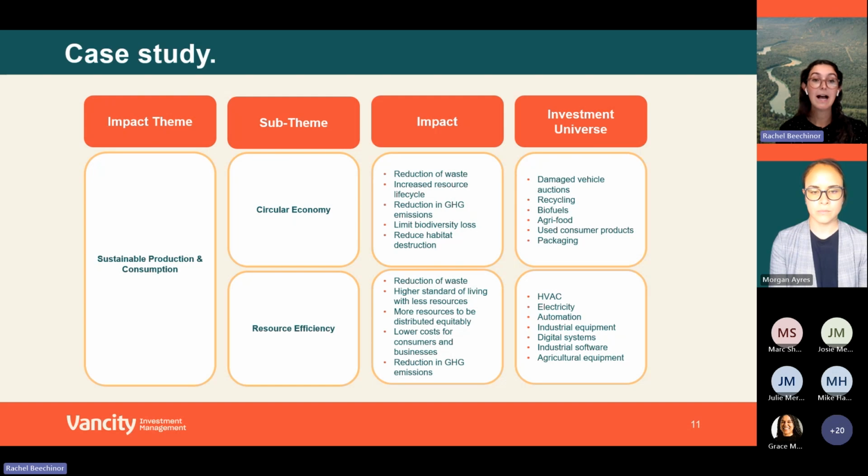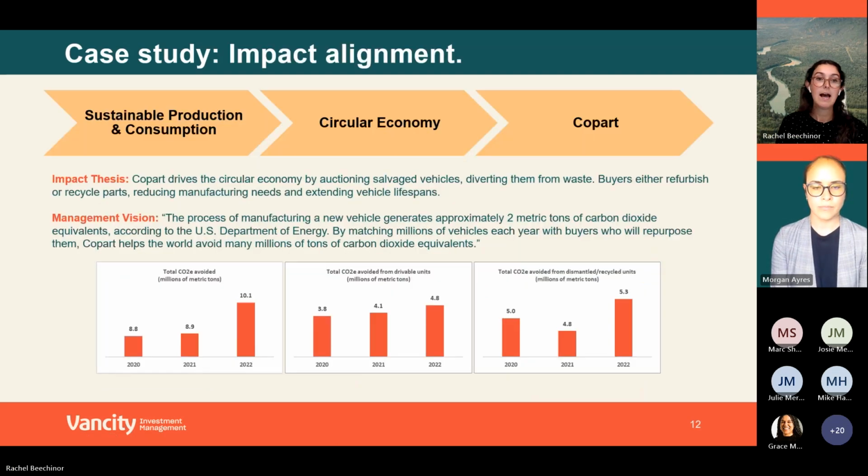So for Copart, this sits in the circular economy sub-theme. And as you can see in the investment universe box, it is under the areas of recycling and reuse, specifically damaged vehicle auctions. So next slide. Copart is a provider of online auctions and vehicle remarketing services.